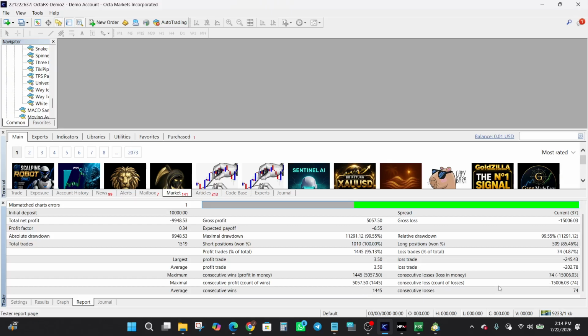But you will see that the maximum consecutive losses were 74, and that gave over $15,000 in loss. So the entire profit was lost plus the majority of the initial deposit.